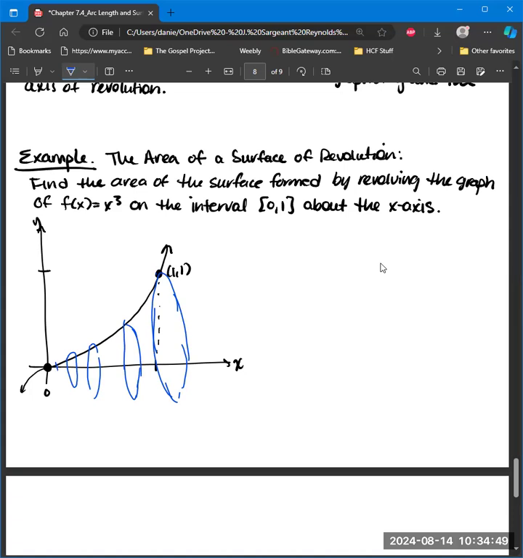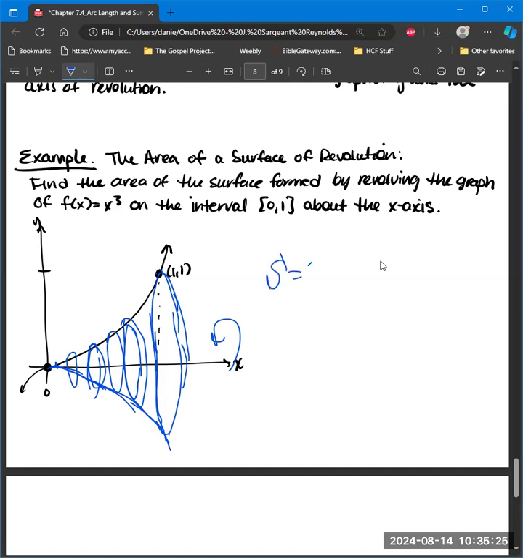It's going to look kind of like a trumpet or a funnel or something like that. It's just not going to go in a straight line there. There's going to be this curvature from x cubed there. And we've revolved about this line right here.